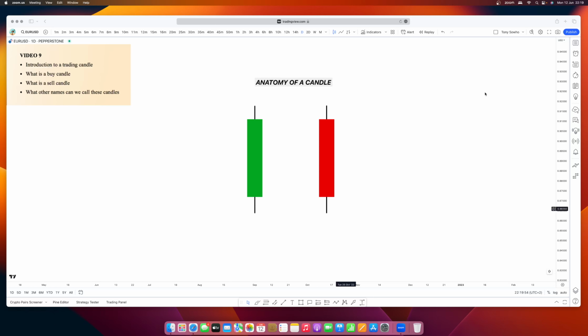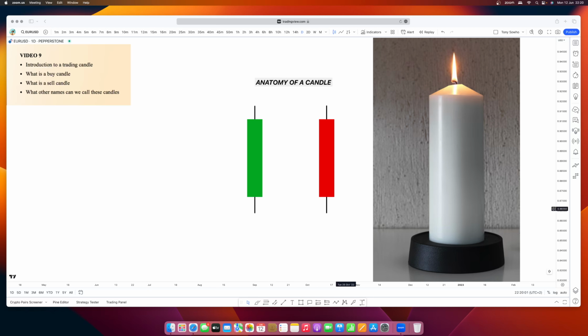The normal candle that has the wax, the body, and then the tiny wool at the top. There is also a wool at the bottom, but you cannot see it because it is at the same exact area where the bottom of the candle is.